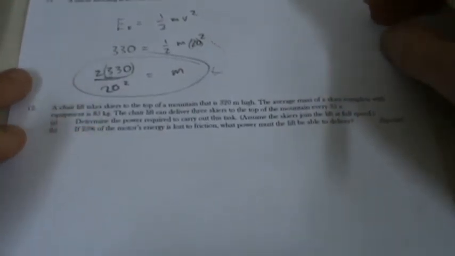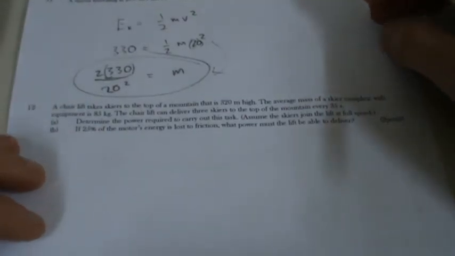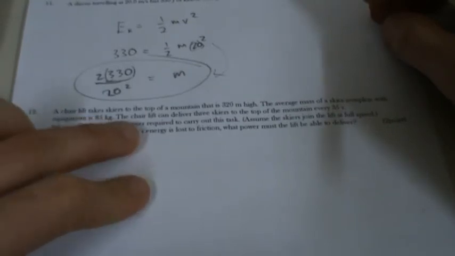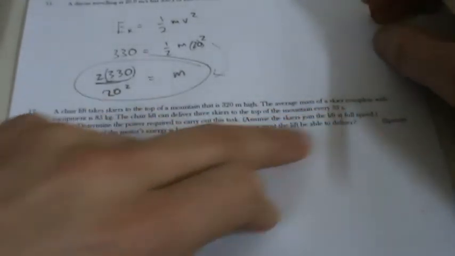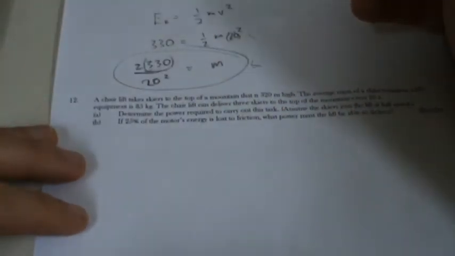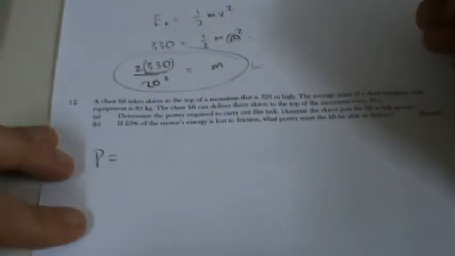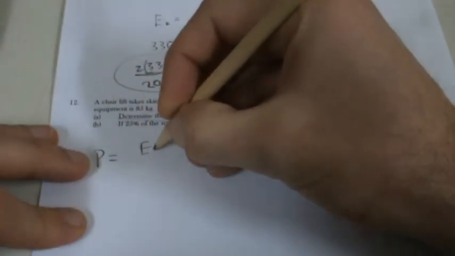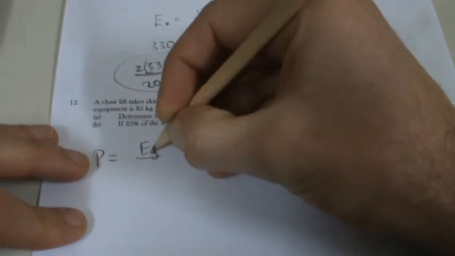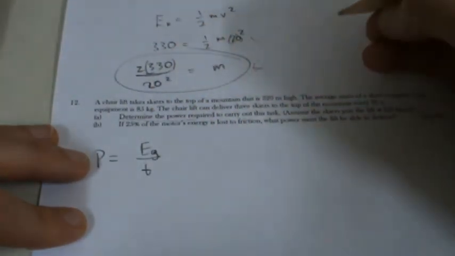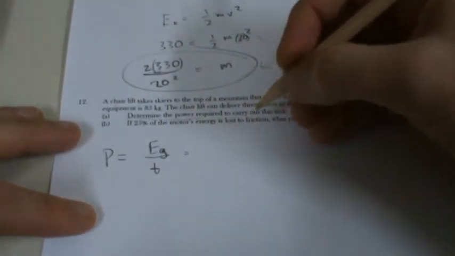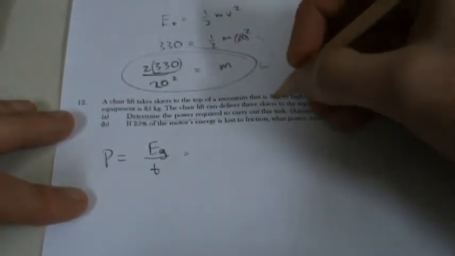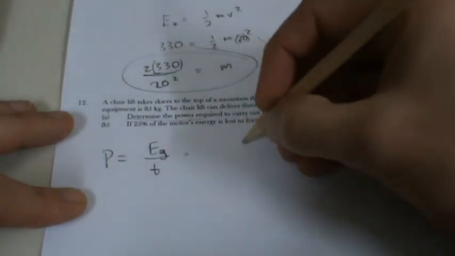A chairlift takes skiers to the top of a mountain that is 320 meters high. The average mass of a skier, complete with equipment, is 85 kilograms. The chairlift can deliver 3 skiers to the top every 35 seconds. Okay, determine the power rating. So the power rating is energy, and this is gravitational energy again, divided by time. In this case, we know they're going a height of 320.